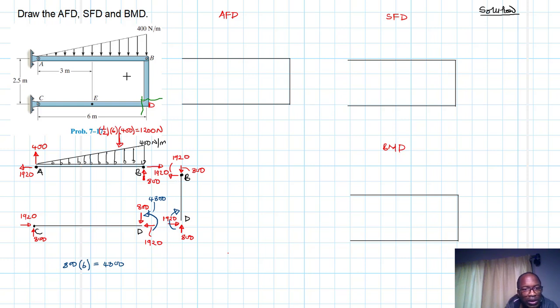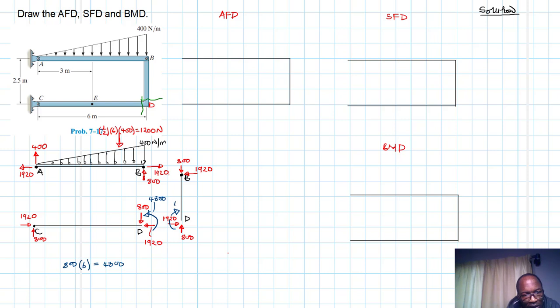Which you can confirm. 1920 tends to rotate, let me write 1920 on the other end here. It's not very clear because there are a lot of numbers. Let me put 800 here like this, and then I put this one as 1920 like so. So this 1920 will tend to rotate this beam like this. Therefore, we're going to have a moment in the opposite direction, which is the reaction. You can apply the equations of equilibrium, like I said.